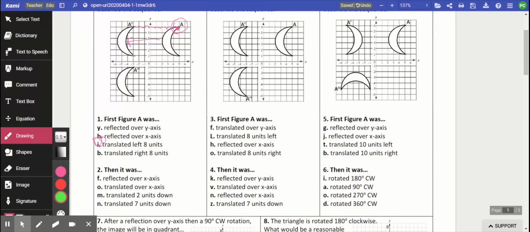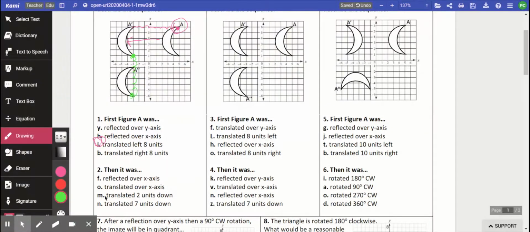So let's just say I'm going to start with the point on the bottom of A prime, and I'm going to count 7 units down to try to match the bottom of A double prime. 1, 2, 3, 4, 5, 6, 7. Dang. So now it's like F, O, and N all work together. But that can't be right because I can only have one answer.